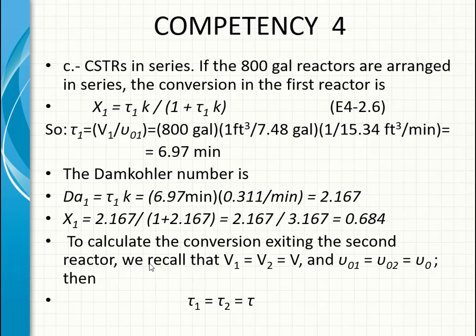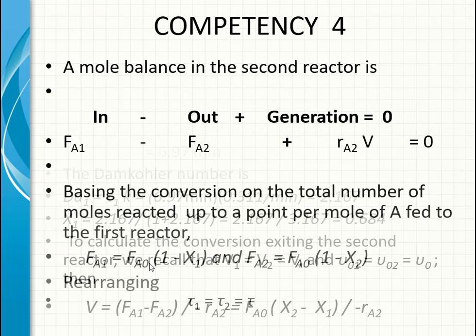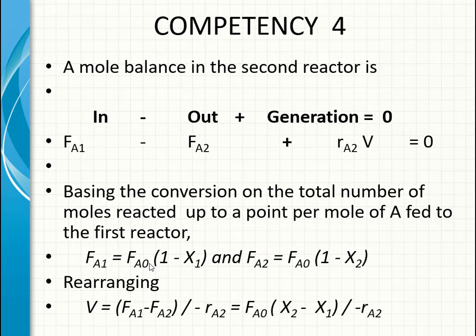And to calculate the conversion of the second reactor, we must recall that all the reactors have the same volume, and all of them have the same volumetric flow rate, so as a consequence, they will have the same tau. So a mole balance in the second reactor is in minus out plus generation equals 0. In is coming FA1, out is going FA2, and generated is the rate r_A2 times the volume. So the volume is going to be FA0 times (X2 minus X1) divided by the rate.